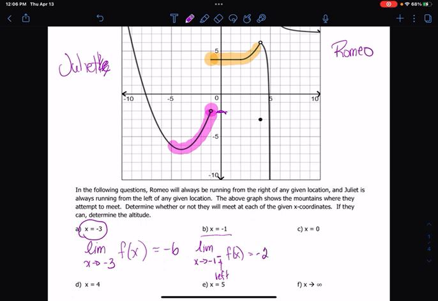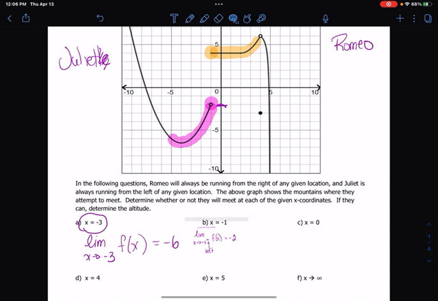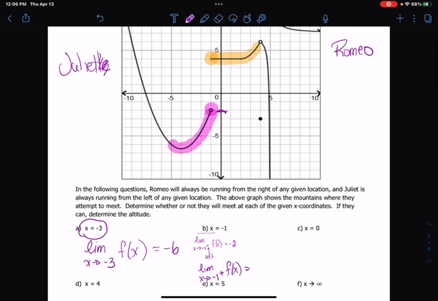And the limit as x goes to -1 from the right, so that's a plus sign for the right-hand side of the graph, of f of x, and that's what Romeo did, is +4.